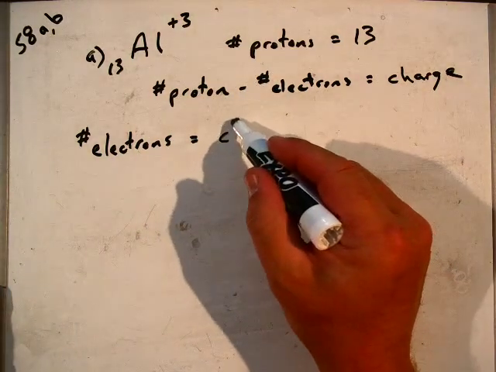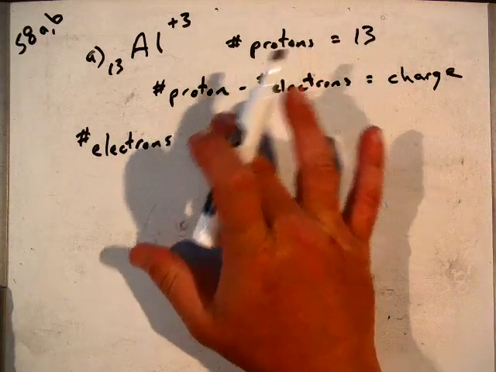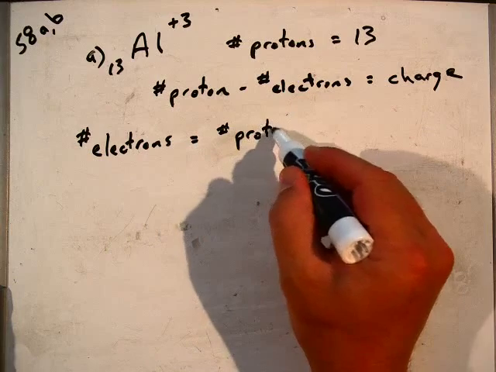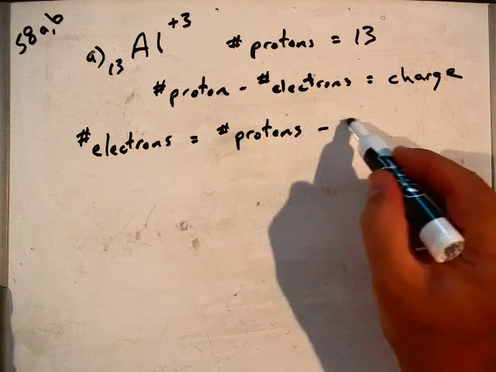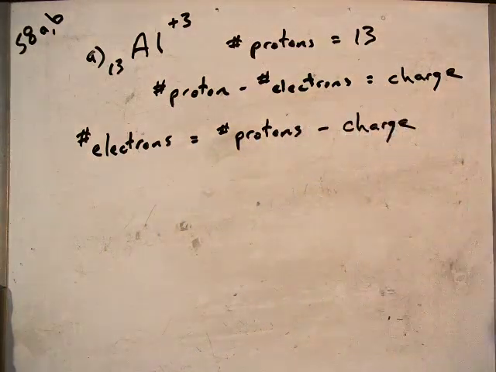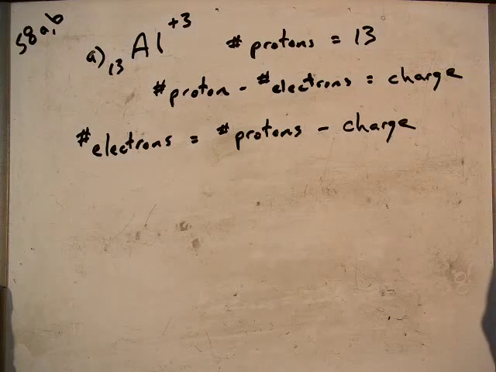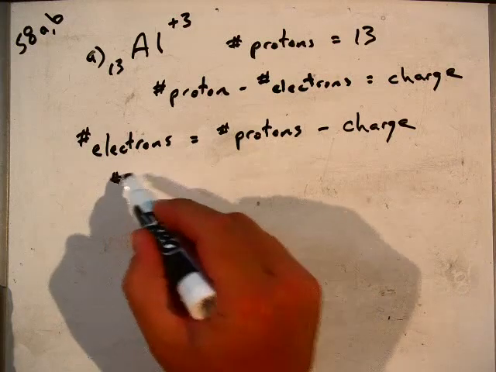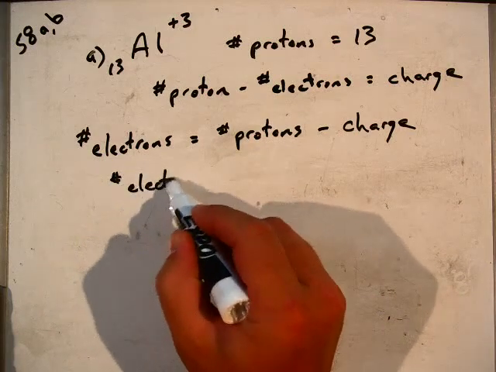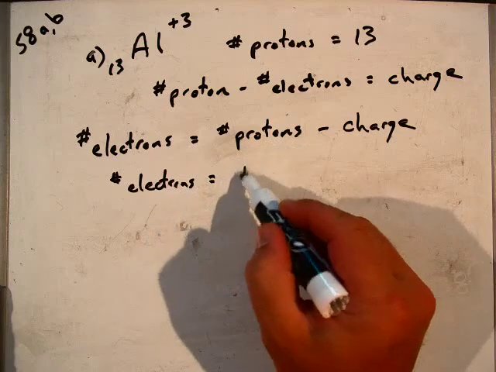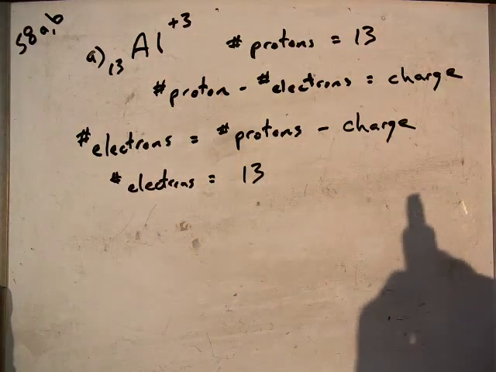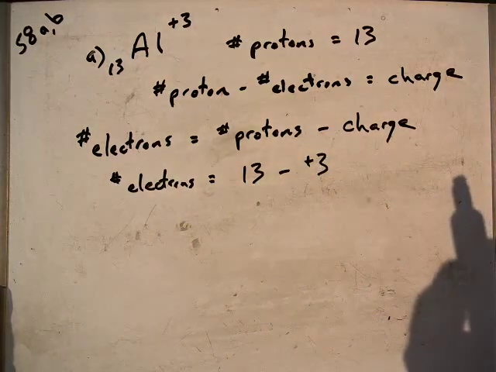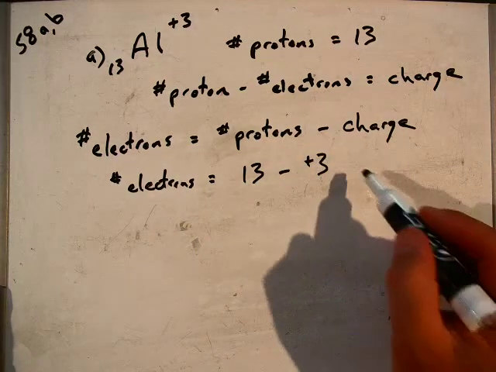So this turns into the number of protons minus the charge that is observed for the elements. And so our number of electrons would be equal to our number of protons, or 13, minus the charge we see, which is a plus 3.